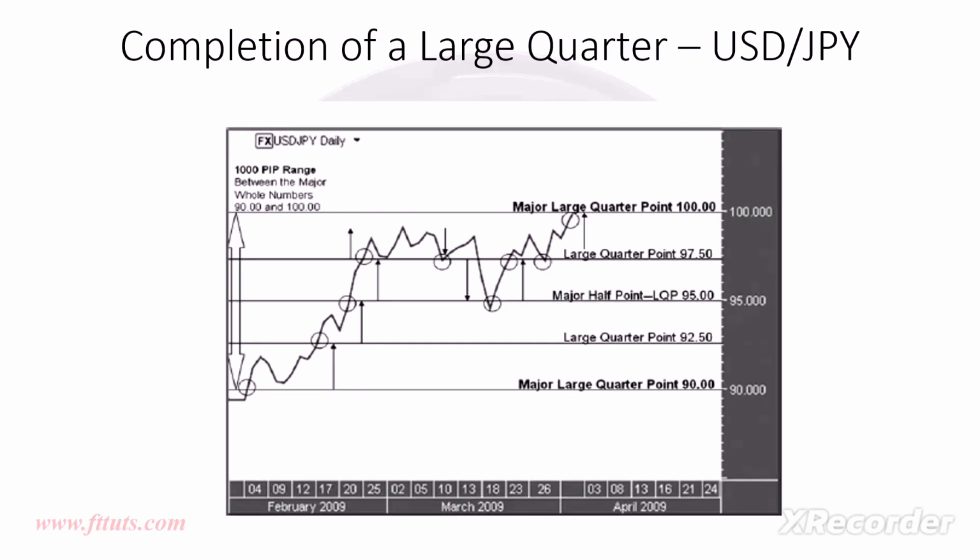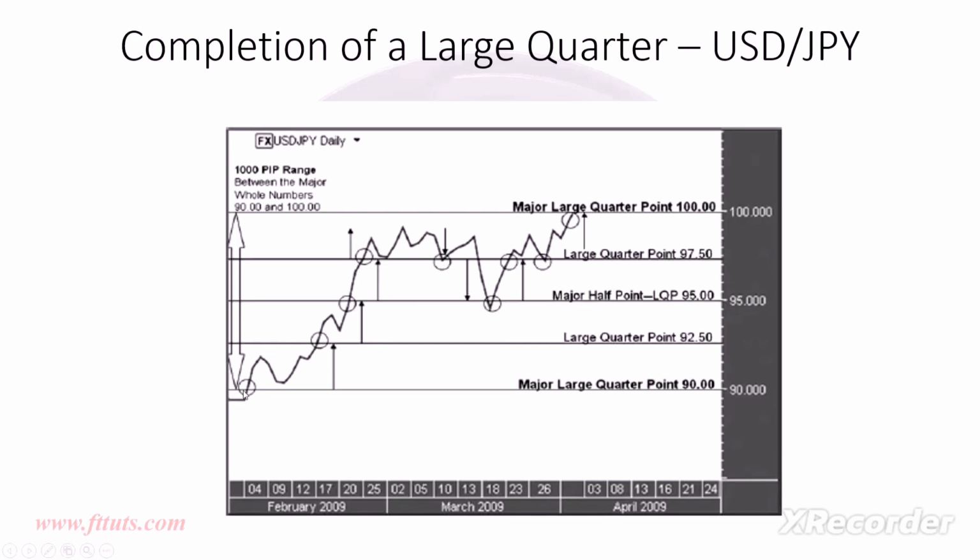Now this is the completion of a large quarter on the USD JPY. So this is a 1,000 pip range in 2009. We started out here at this large quarter point of 90, just 90 flat.